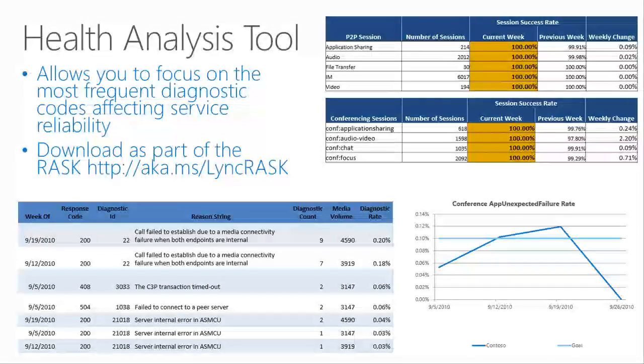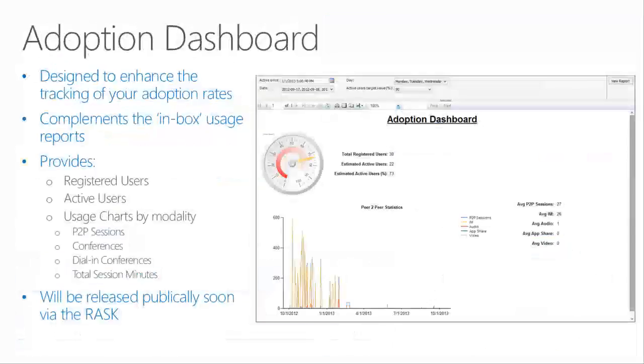If I've had a spike in unreliability of a particular modality, what caused that spike? If I can see it's all because of this diagnostic ID, then I know that's where I want to focus to fix it and restore my reliability. You can also take those diagnostic codes back into the monitoring server reports, search for the diagnostic code, and go through it that way as well.